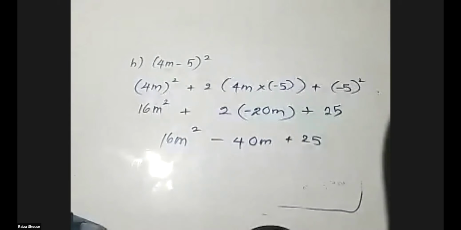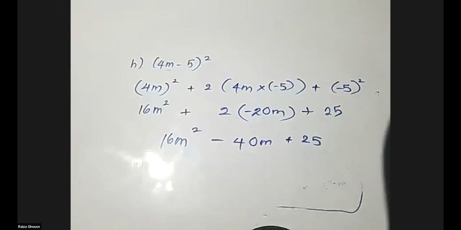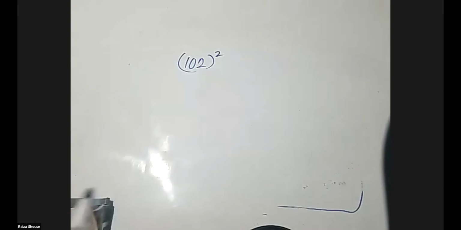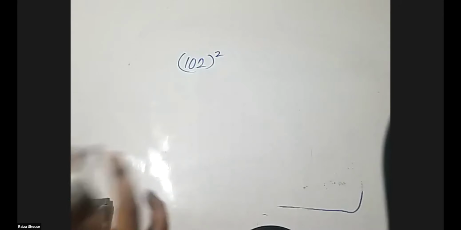Okay, all right. So now I'll go ahead with another last example and finish off the session. Please mark your homework, the rest of the questions. I'm going to discuss one example question with a number. Look at the board quickly and listen carefully. If you are given a number to square like this, 102 squared, how can you do it?